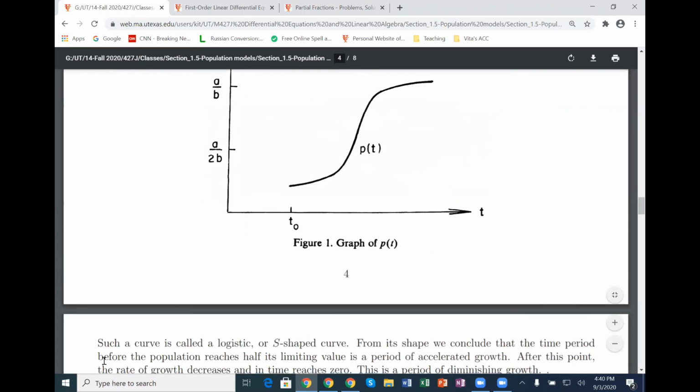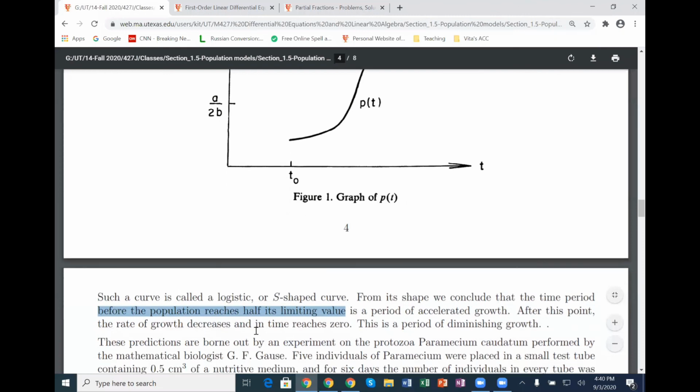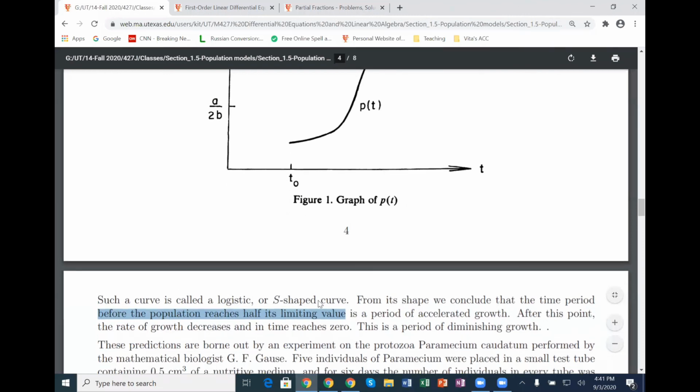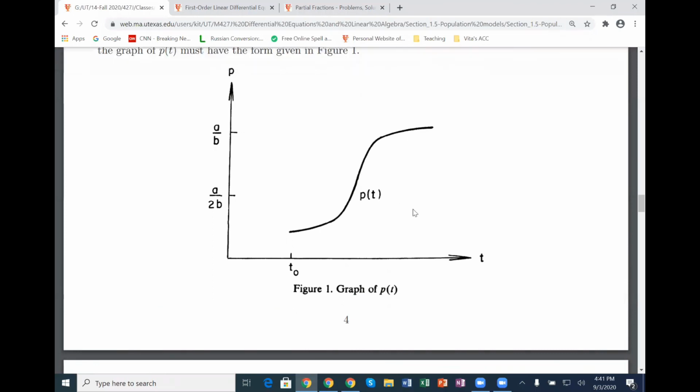The time period before population reaches half its limiting value is a period of accelerated growth. Growth is increasing. After this point, the rate of growth decreases and in time reaches 0. The function is concave down. Was that a question? Yes, sir.